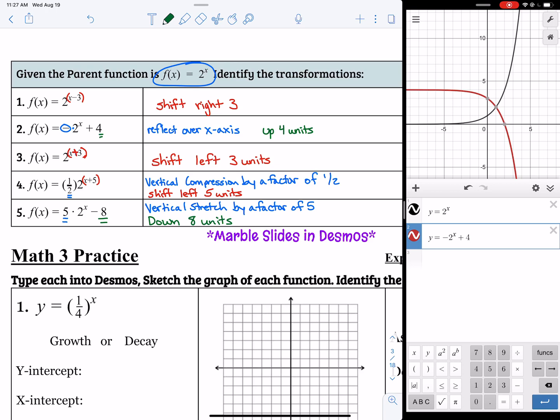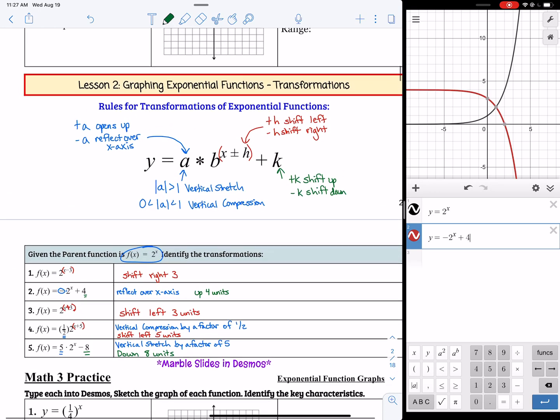And it also looks like it shifted up 4 units. So it's nice to be able to type that in. So make sure to type your parent function, just the basic one, and then type the one you're thinking about. And it helps you to pick things out. Like if you forget the rules, your graph can show you the rules. So that's it for transformations of exponential functions.